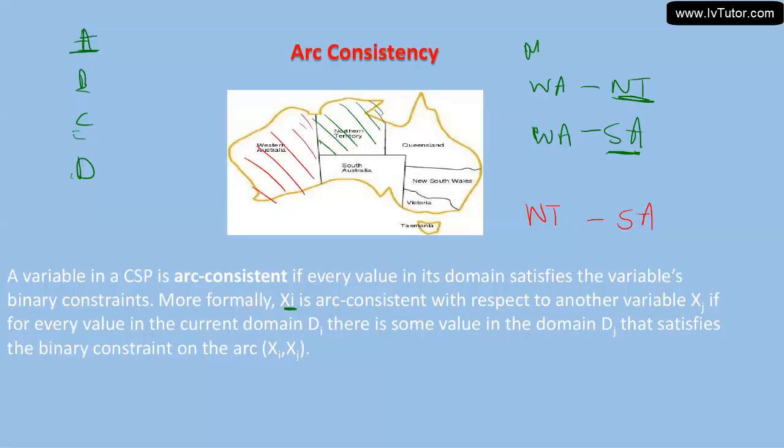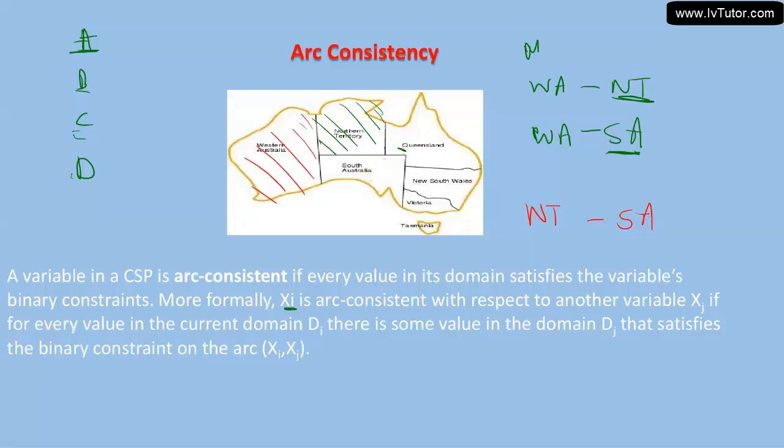So Queensland, if it wants to satisfy arc consistency, cannot be blue. Because if Queensland takes blue, then South Australia doesn't have anything in its domain to satisfy it. So for Queensland, in this particular case, to satisfy arc consistency, it cannot take blue.